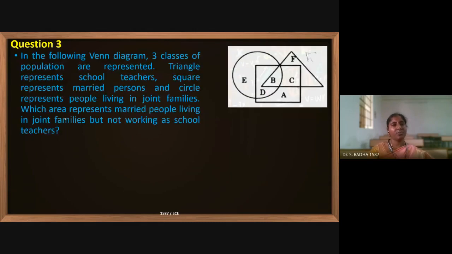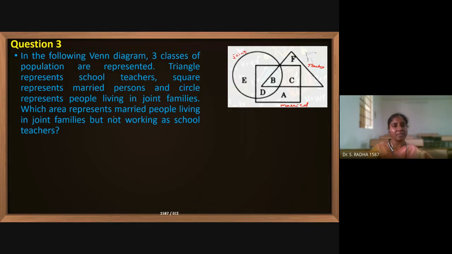Next question. In the following Venn diagram, 3 classes of population are represented. Triangle represents school teachers, square represents married people, and a circle represents people living in joint families.